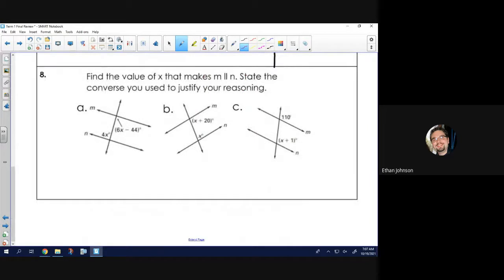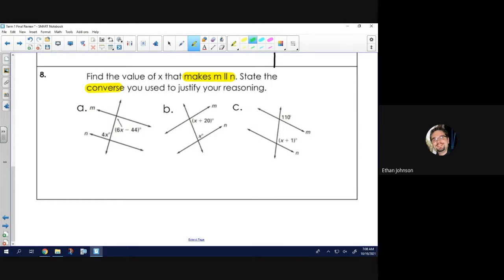So for 8, we need to find the value that makes M parallel to N. Now, we just said that makes parallel lines, as well as it says converse. So our reasonings that we are going to use have to be a converse statement.